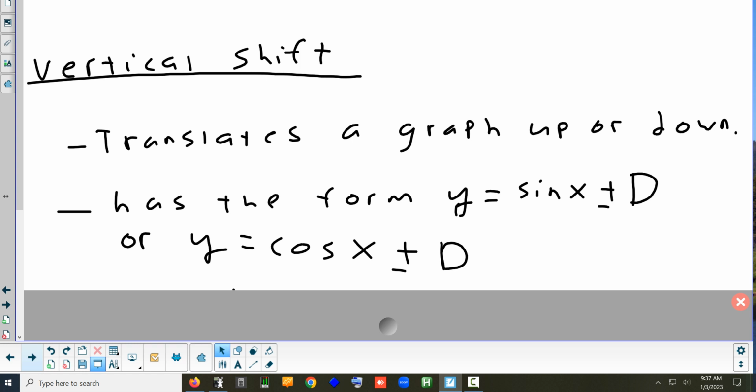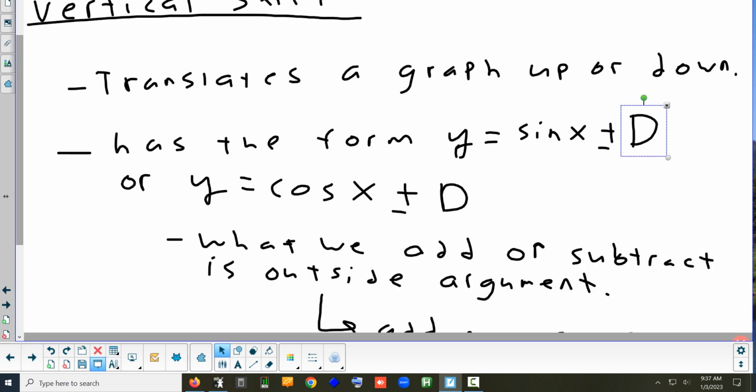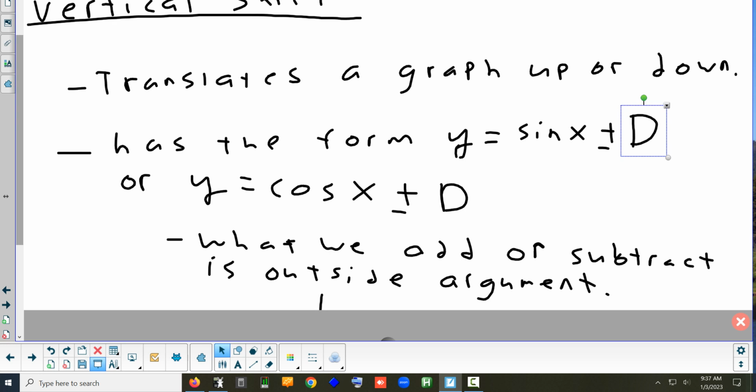And if you're wondering, why did I use a D? Well, we'll talk about that on Thursday, but it has to do with the order you do the transformations in if you had more than one. There's 4. Shifting up and down is the last one you always do. So this time, what you add or subtract is outside of the argument.